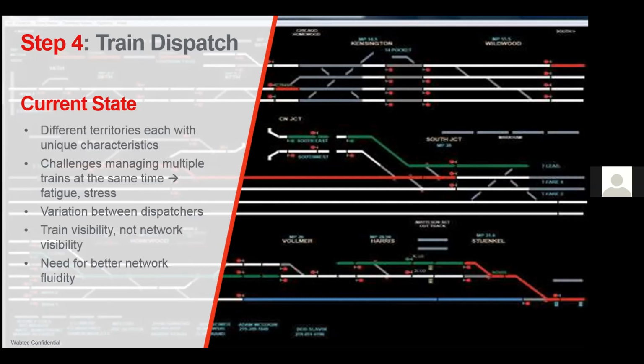And so it's sometimes difficult to understand from a network perspective or a business perspective how a network will perform when John may act differently for a delayed train entering a yard than Mary would 2 days later on her shift. So we need to find ways to make these decisions more consistent.